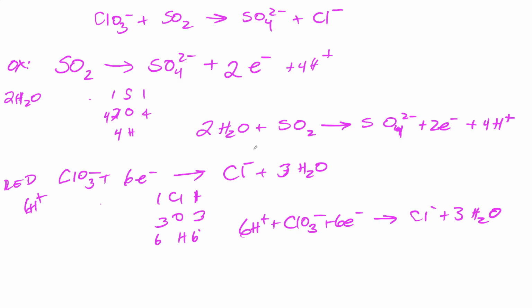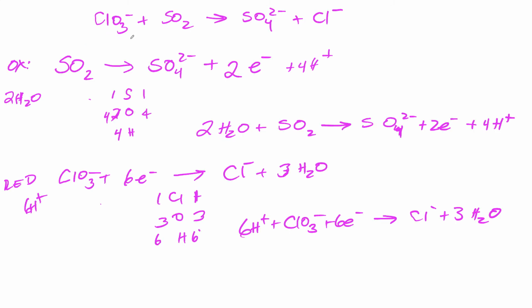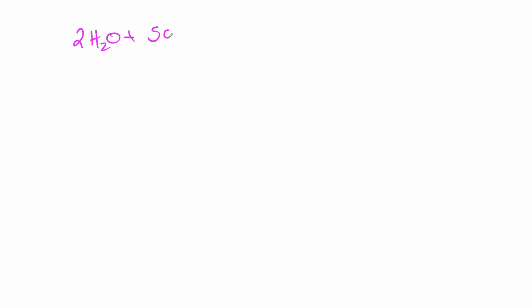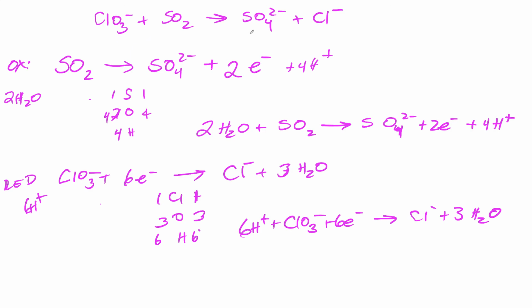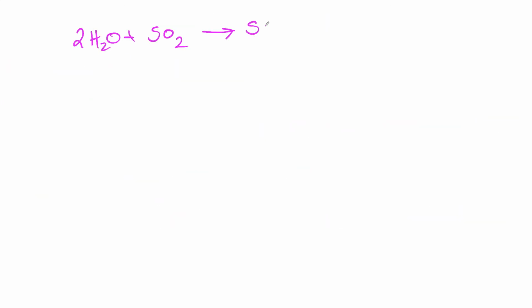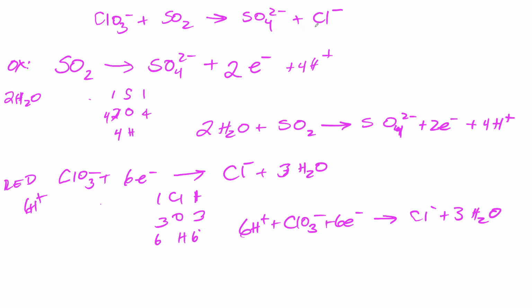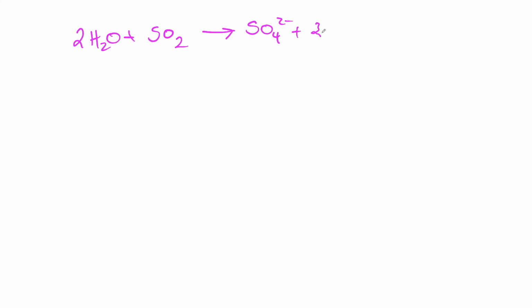So what I'm going to do is rewrite these 2 half reactions on the next slide, and we'll show how to add them. So again, I'm just going to rewrite this as 2H2O plus SO2, yielding SO4 2 minus plus 2 electrons plus 4H plus.